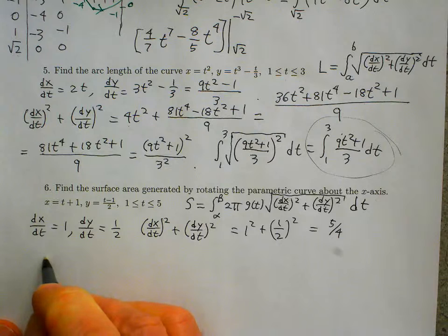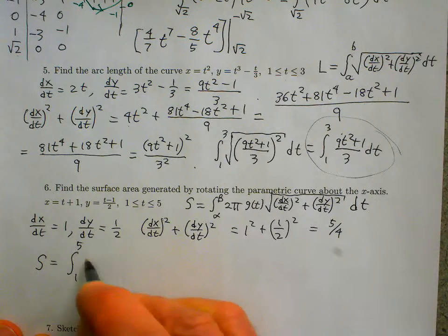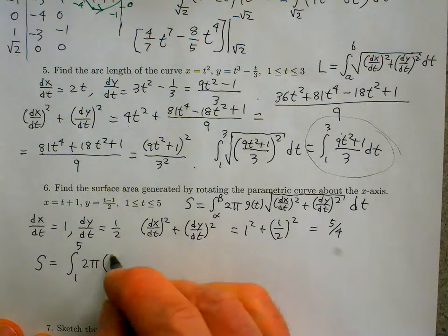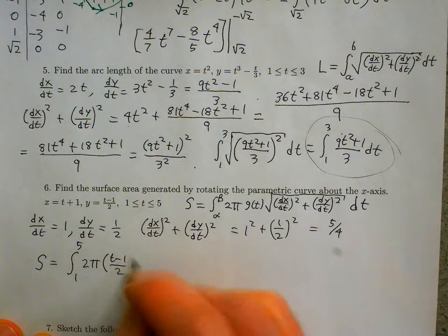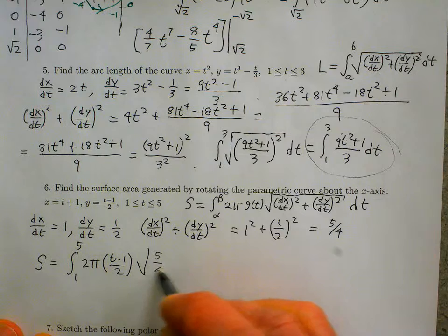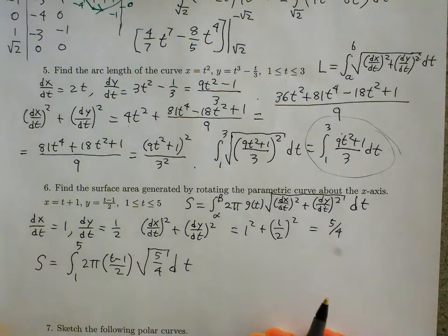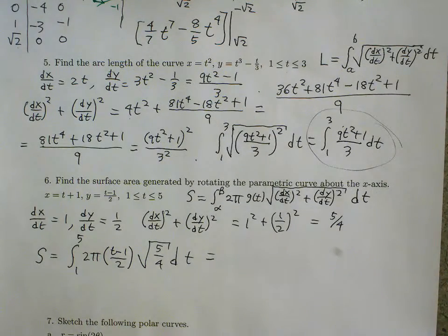Okay, so our surface area, as t ranges from 1 to 5, is 2 pi times t minus 1 over 2, that's the g of t, times the square root of 5/4 dt. So I'll just take this a couple of steps further.